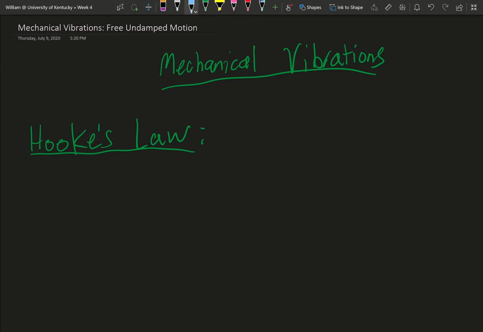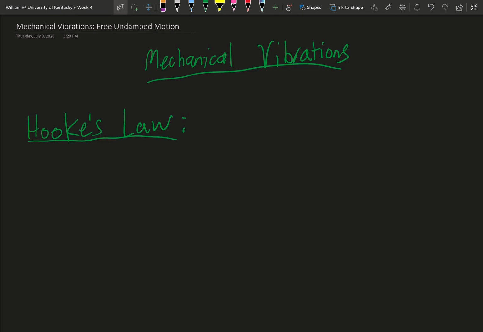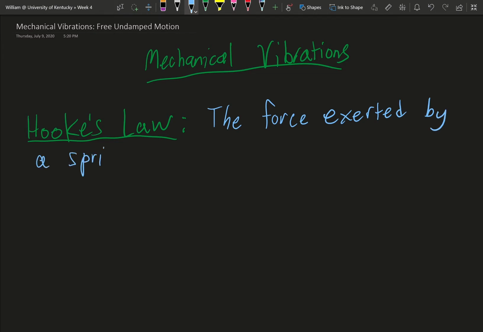This is a law in physics about springs, and what it says is the force exerted by a spring is proportional to the displacement of the spring from its rest state.